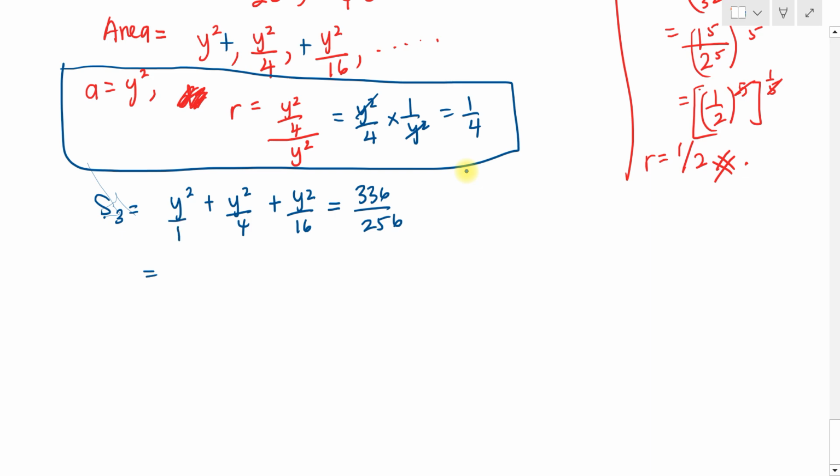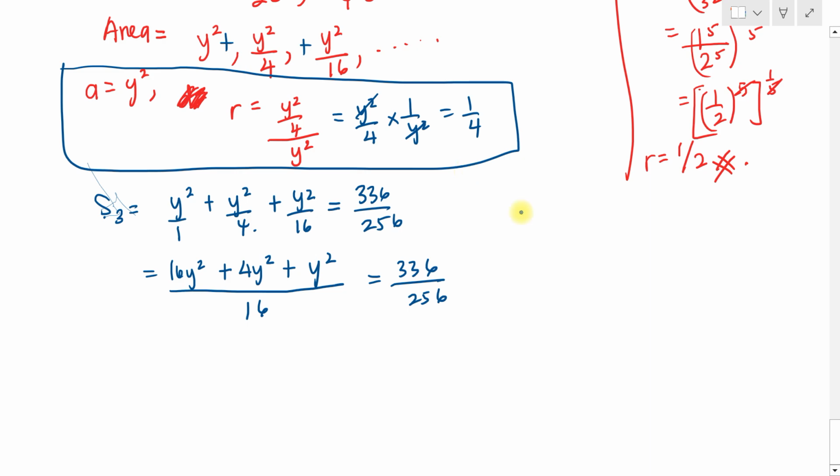This one is over 1. Multiply everything to make the denominator 16. So 16y square; this one we multiply by 4, the second one 4y square, plus y square over 16 equals 336 over 256.